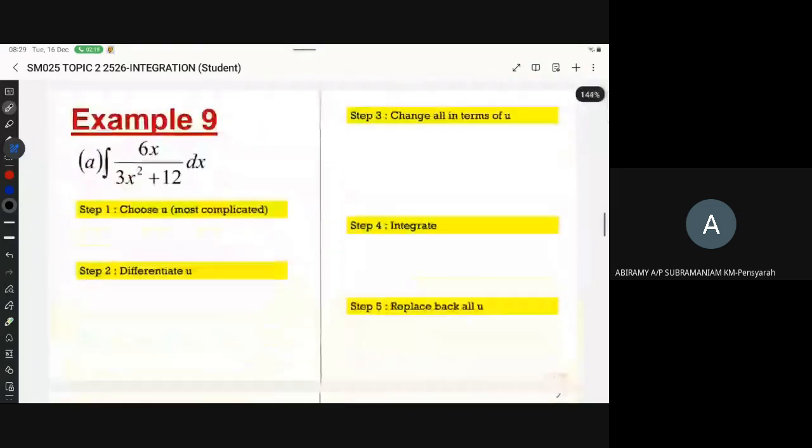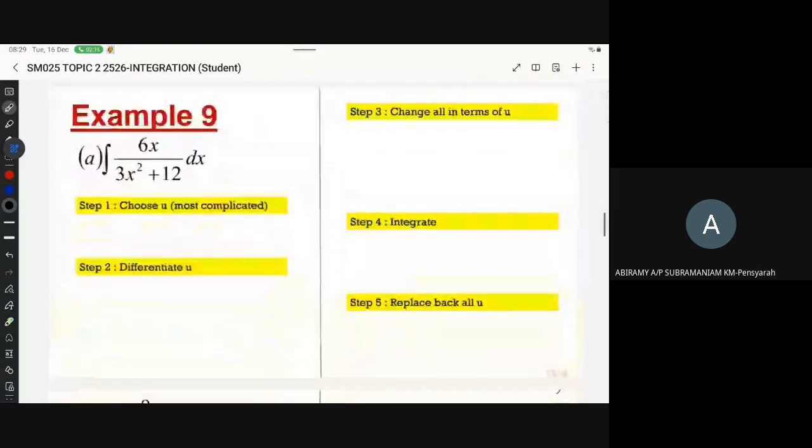Now let's look at the first example, example 9, where we are supposed to use the substitution method to solve this question. Notice that this is the integral of a division, in the form of f(x) divided by g(x). If it is in the form of division, bear in mind that we can't integrate term by term.